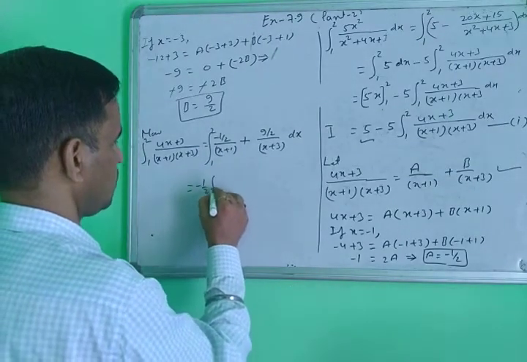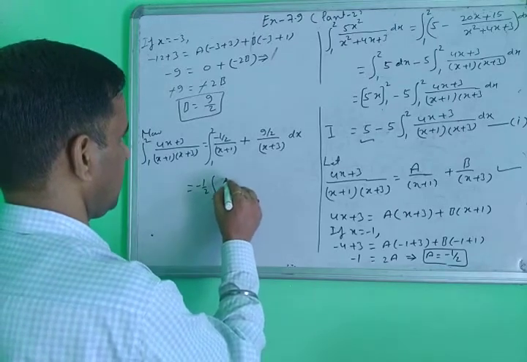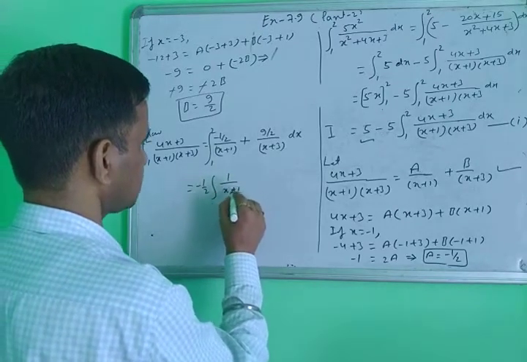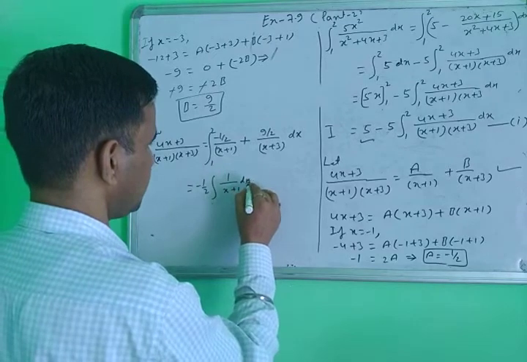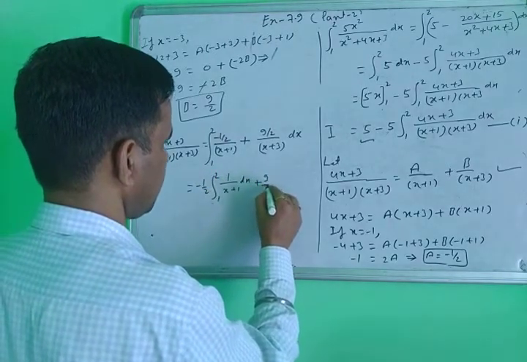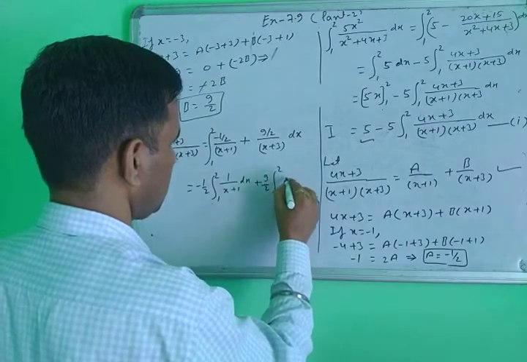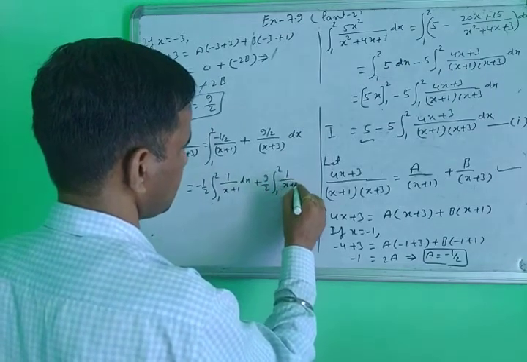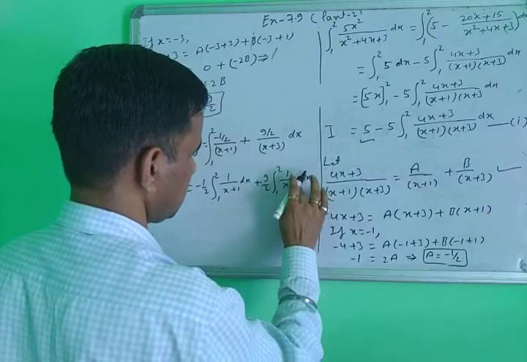Minus 1 by 2, integral from 1 to 2 of 1 upon x plus 1 dx, plus 9 by 2, integral from 1 to 2 of 1 upon x plus 3 dx.